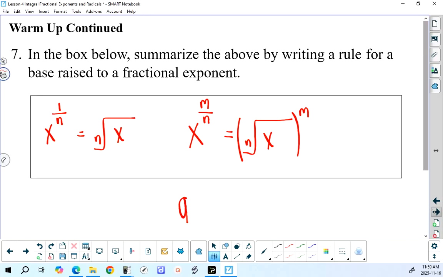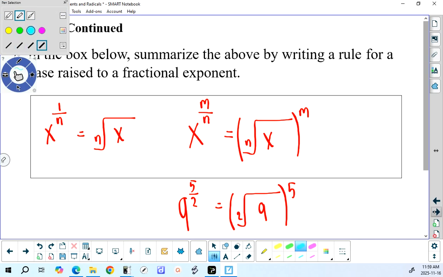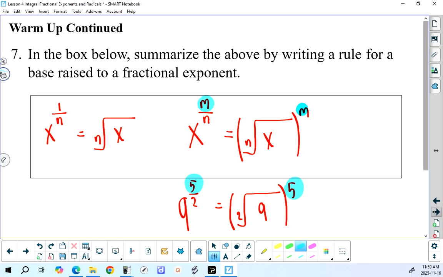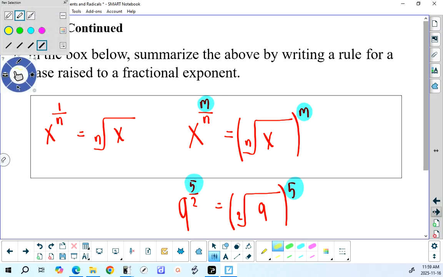So this is saying 9 to the 5 over 2 is equal to the second root of 9, then raised to the 5. And I guess what I want to impress on you is that these numbers are just not randomly put somewhere. The numerator of the exponent becomes an exponent applied to the base that's the radical, and the denominator exponent becomes the index of the radical.